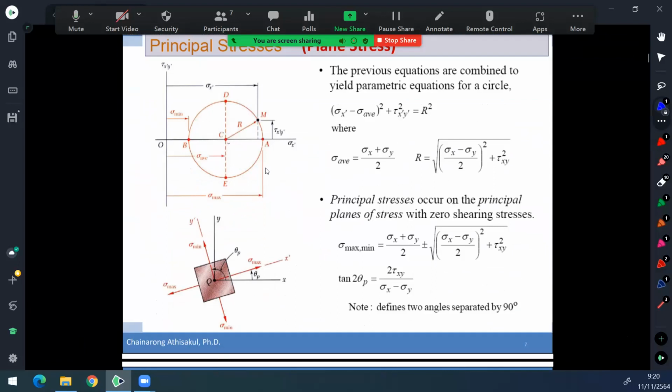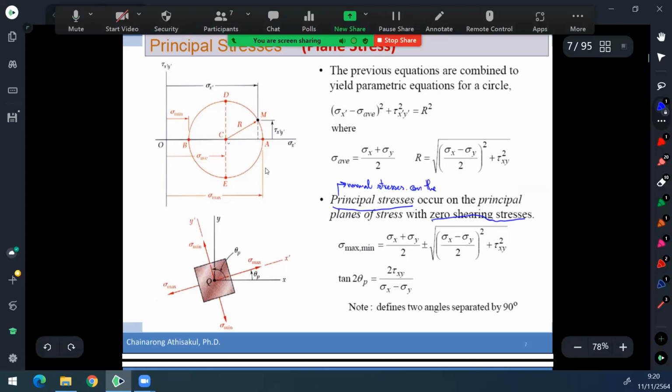The definition of principal stress is this: it is a normal stress along the plane that has no shear stress.